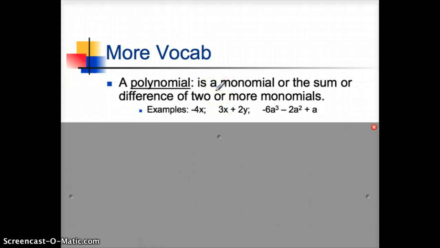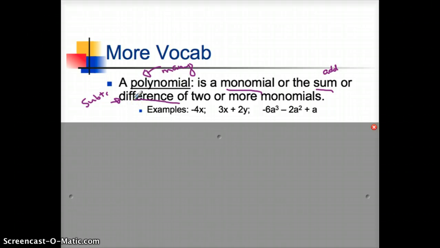All right, more vocab. This is a very vocabulary-intensive lesson. So, a polynomial, poly, you may know from English class that prefix means many. A polynomial is either a monomial or the sum, so adding, or difference, subtracting, of 2 or more monomials.